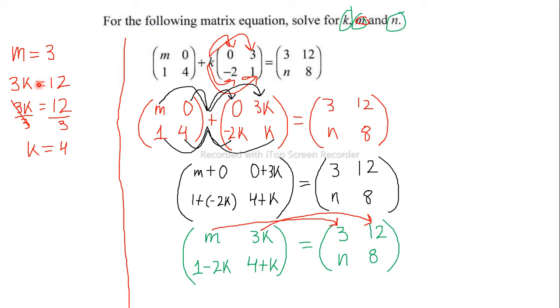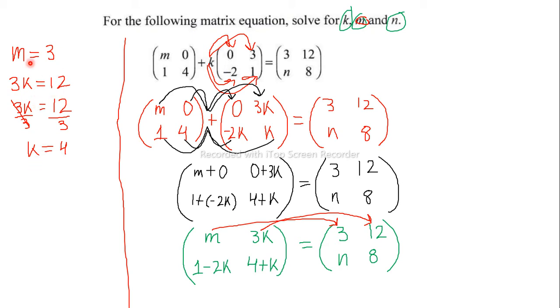3k equals 12. And so we're saying, what can we multiply by 3 to give us 12? 4. 4, exactly. So k must be equal to 4 in order to ensure that 3k is 12.